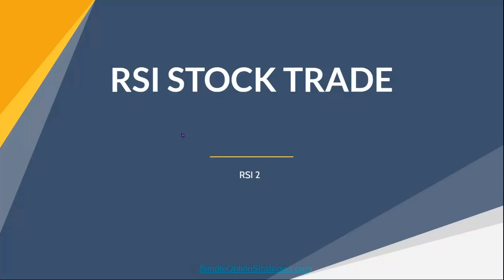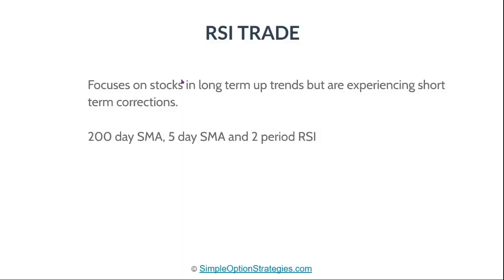So what we're going to talk about today is a mechanical trade called an RSI trade, and it's a trade that we programmed and we've been using for about a month now. And Al will show you some of the trade results later on. So that being said, what we're looking for here is the typical pullback trades.